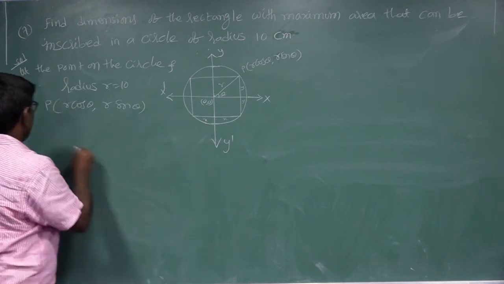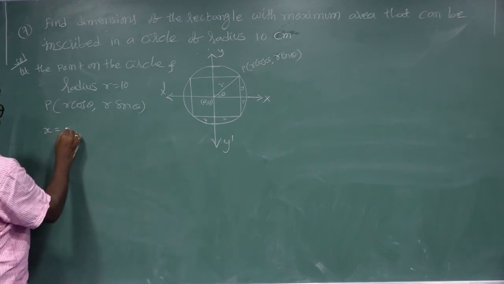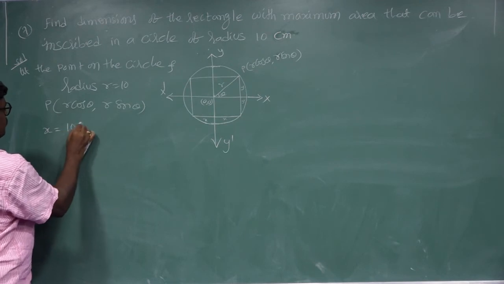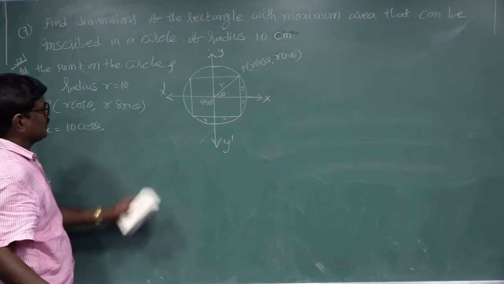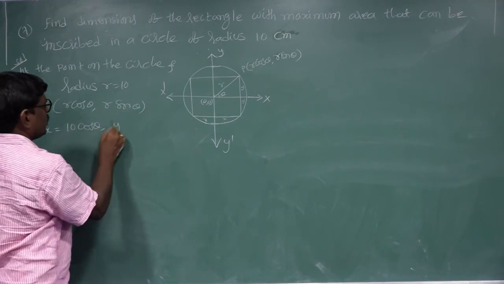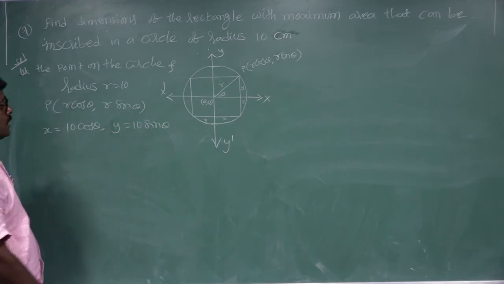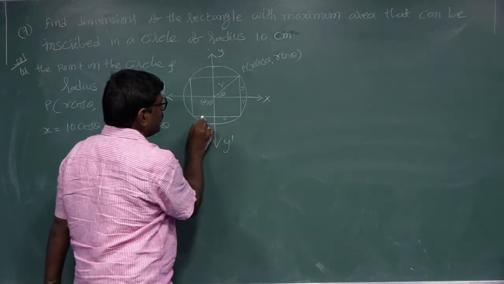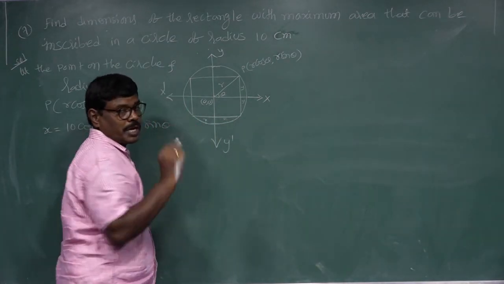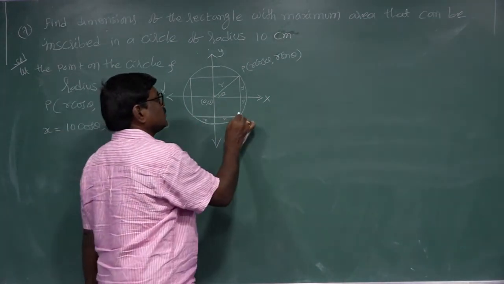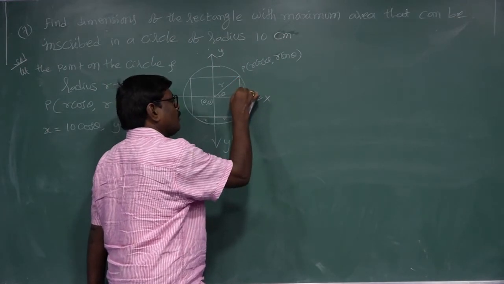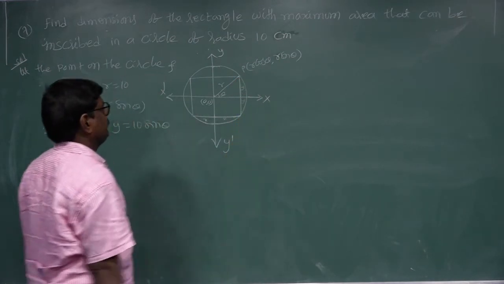The length x equal to r cos theta, then y equal to r sin theta. The length is x plus x, 2x. The breadth is y plus y, 2y.